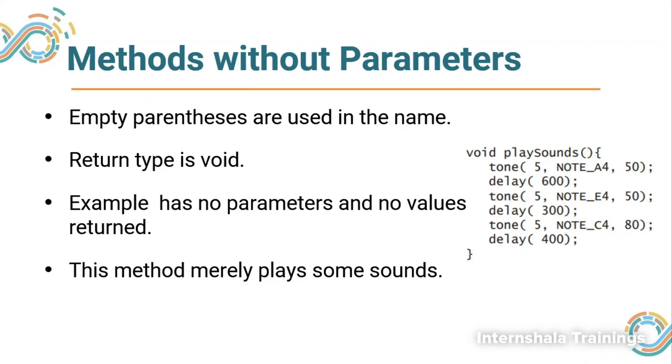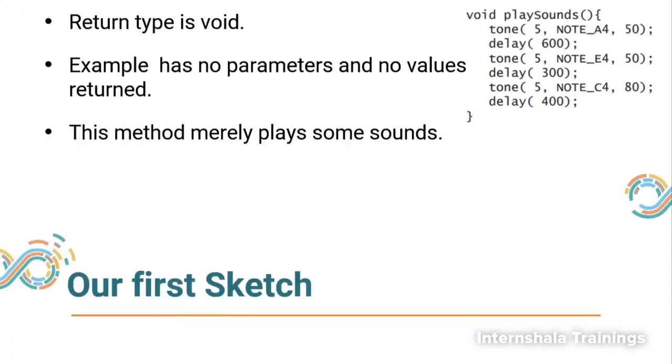What is the tone function? What are the three parameters of the tone function? We will discuss them in one of the videos on tone generation. But right now our focus is that the main method, which is playSound, does not have any input parameters. That is how we can have two different types of methods in our Arduino sketch.